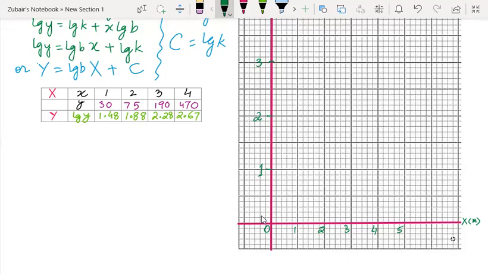Values of capital X or small x are on the horizontal axis 1, 2, 3, 4, 5. Now we can see that X has all integer values, so this is quite simple. But for LGY or capital Y values, we have decimal values.